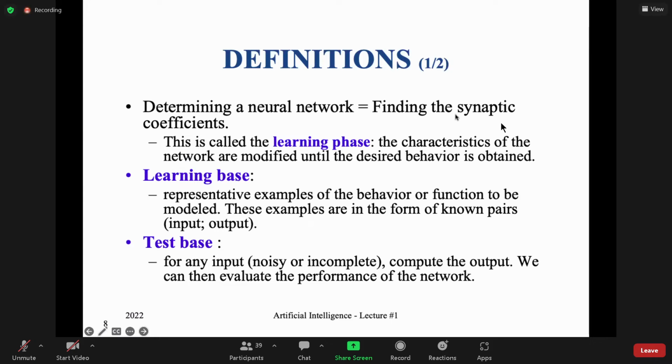So the problem is how to learn that. To do that, as I explained today, we use learning databases, okay? And we send a lot of examples and we train the artificial neural networks. That is what we do with the learning base, okay?